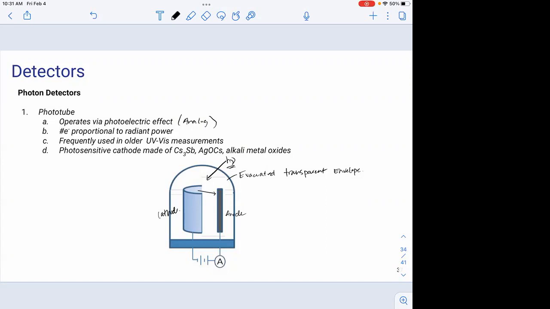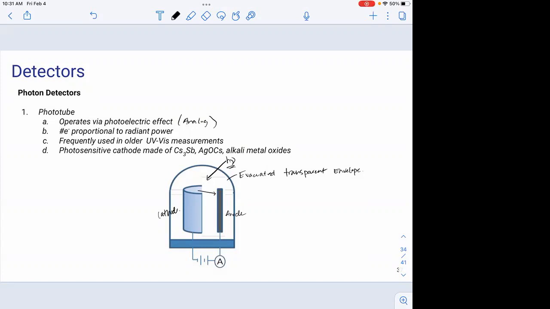This is a common detector in old UV-Vis instruments, like a Spec 20. This photosensitive cathode is made of all kinds of different materials, but something that's responsive to the incident radiation. The pro here is that you have a relatively cheap detector.